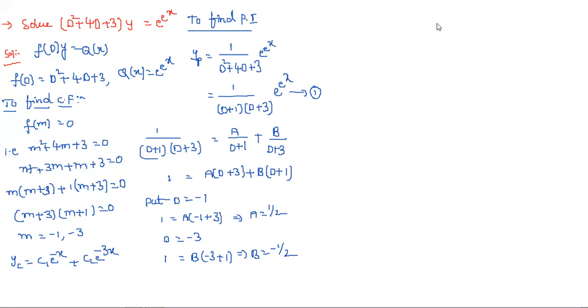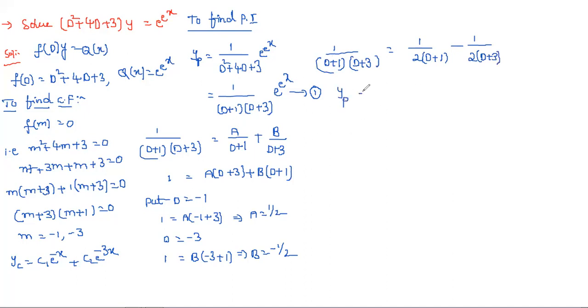Now you can substitute those values. So if you substitute, what will we get? 1/((D + 1)(D + 3)) = (1/2)·1/(D + 1) - (1/2)·1/(D + 3). Now you can substitute in that.